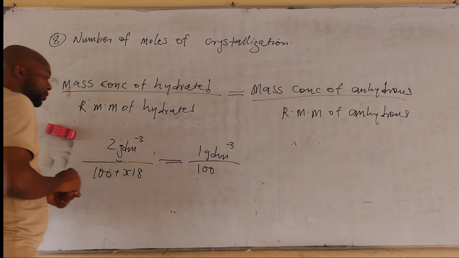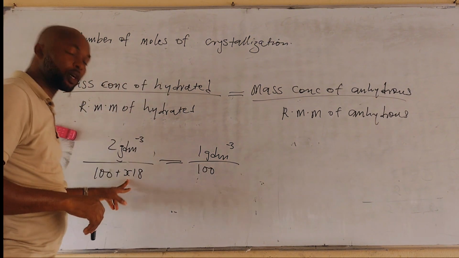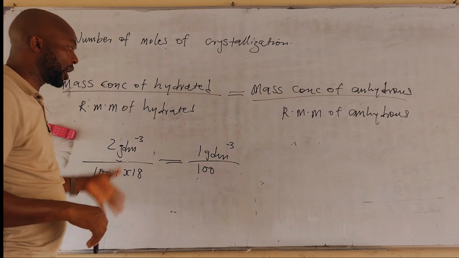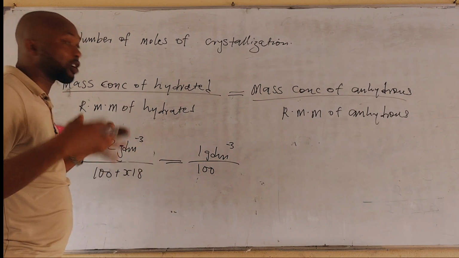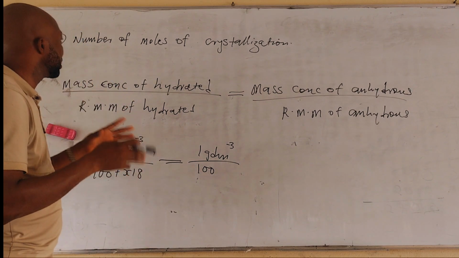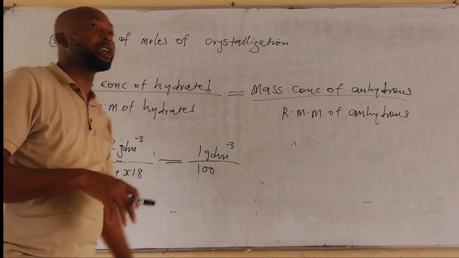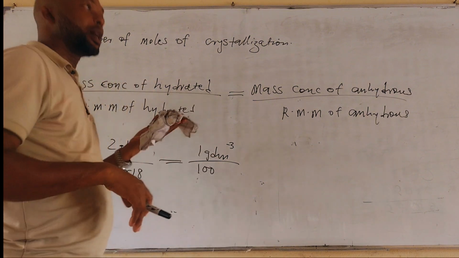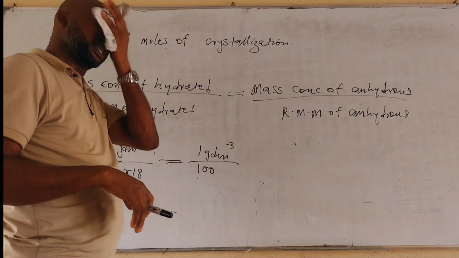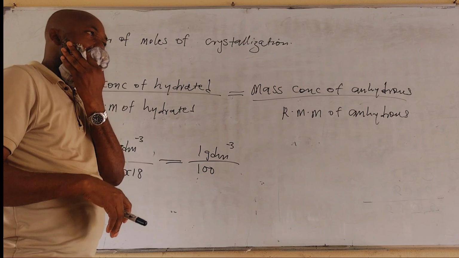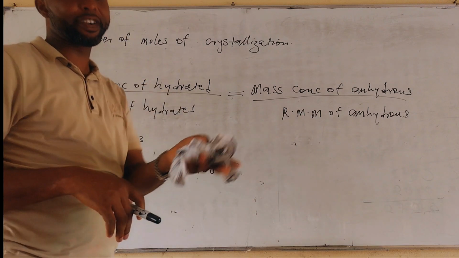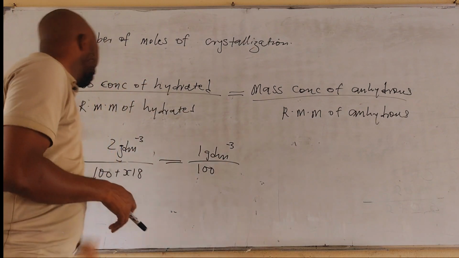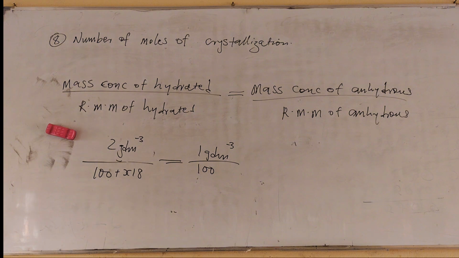And with this, we can now make X the subject. And now X becomes the number of moles of water of crystallization. When we input it into the main formula, we know the number of moles. Is it heptahydrate, which is 7? Is it decahydrate, which is 10, trihydrate, and so on? So, this is for the number of moles of water of crystallization.